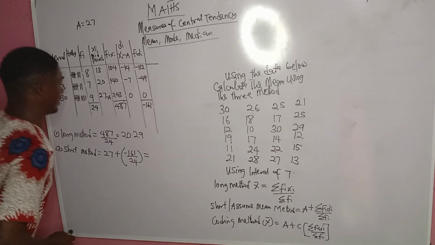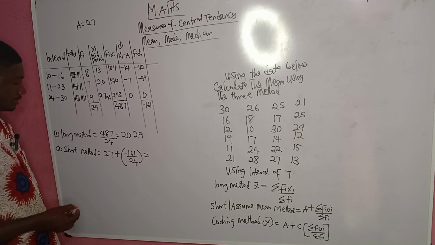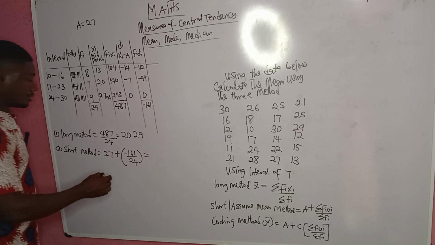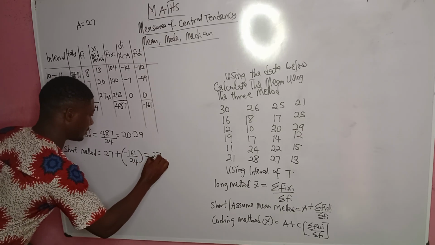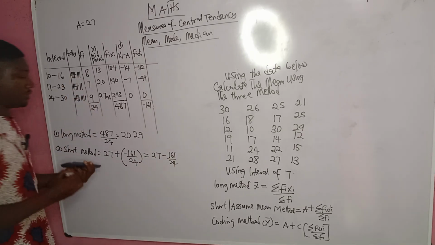You should know that when plus times minus, you have a minus. So that is how we're going to do it. It will now be 27 minus 161 over 24.